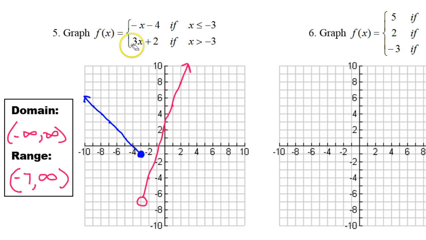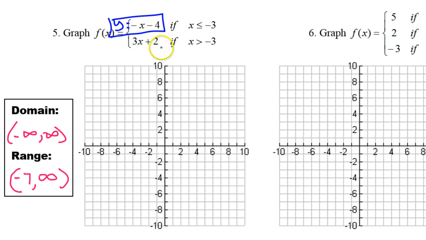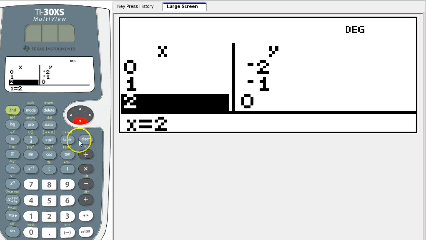Now I'm going to go back and show you how to do it with a calculator real quick. All right, if I was going to do this with a calculator, so first this side, y equals negative x minus 4. So I go to my TI-30XS MultiView.